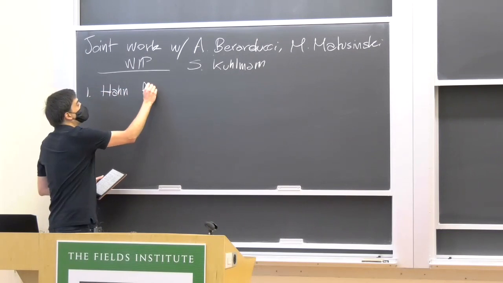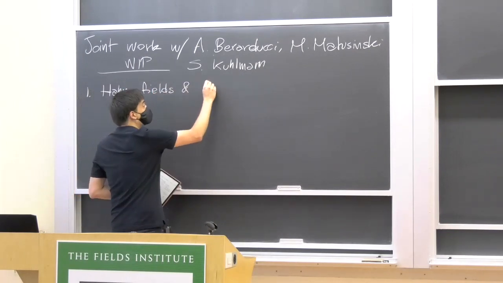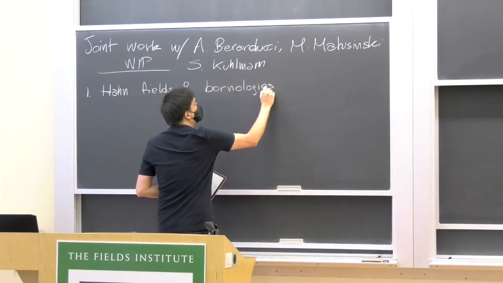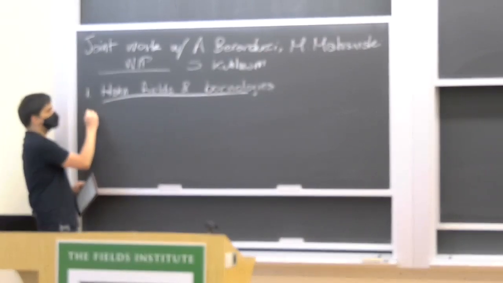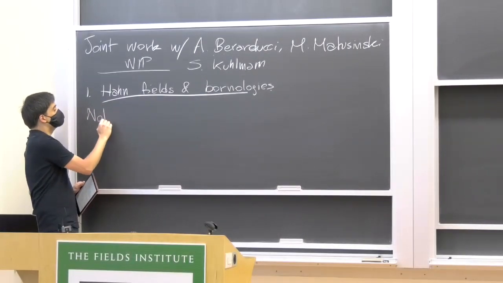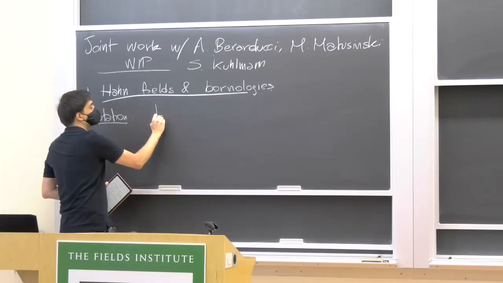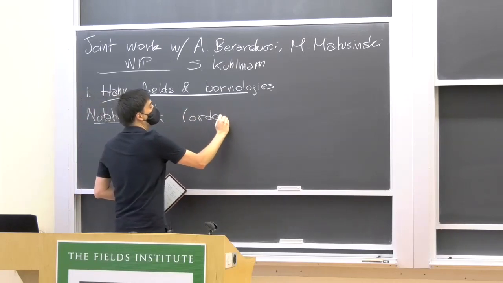Okay, so first of all, a bit of setup about Hahn fields and chronologies. So notation we're going to use. Small k is going to be a field, possibly ordered.